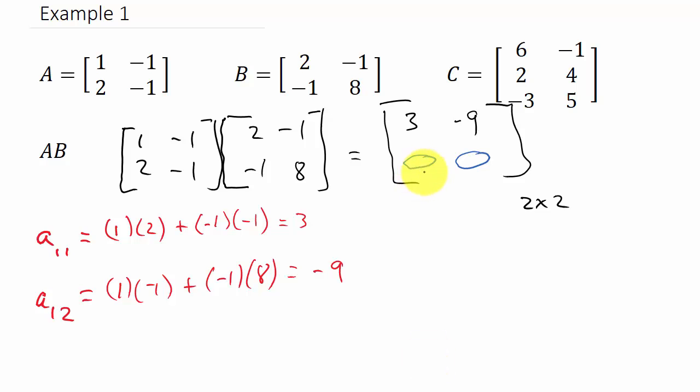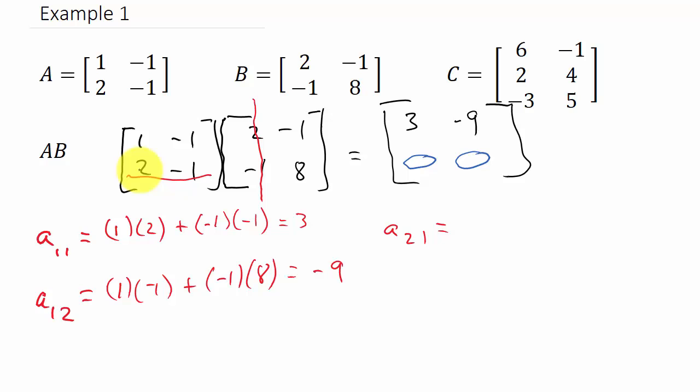Now we need this entry. This entry is in the second row and the first column. Let me erase this 2 by 2 here. So we need the entry in the second row, first column. I'm going to multiply the second row times the first column.